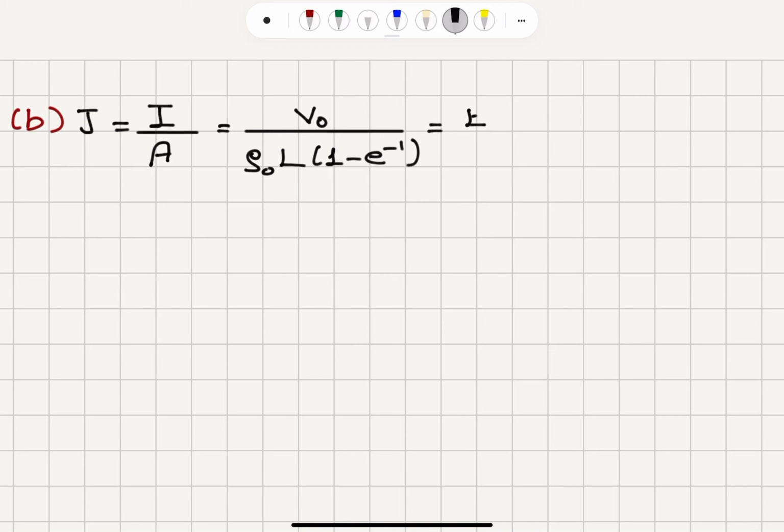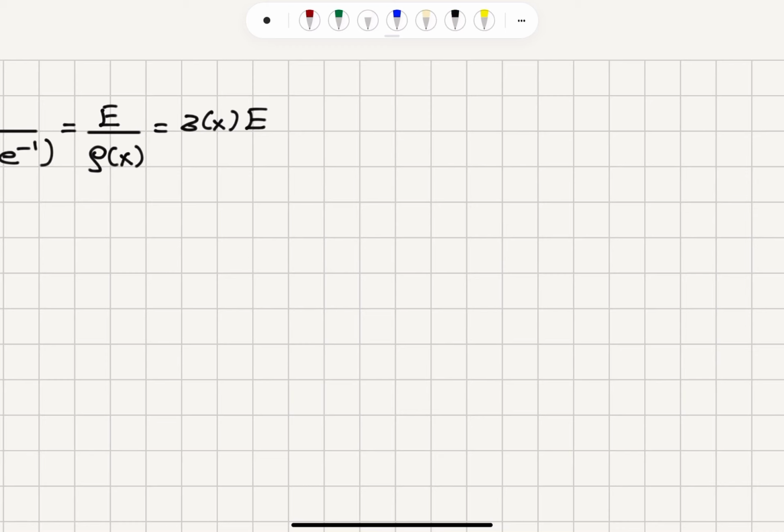So if I substitute for the resistivity rho 0 exponential minus x over L, I will find the electric field. This is basically Ohm's law.